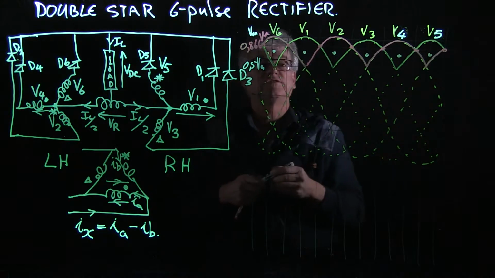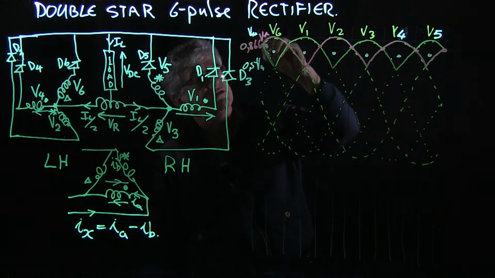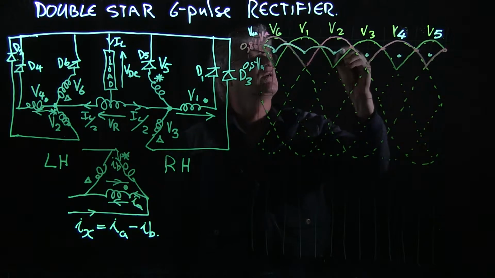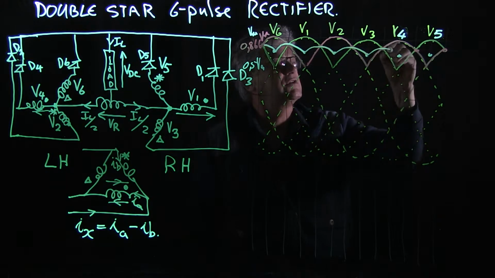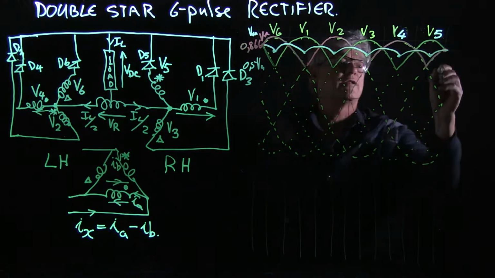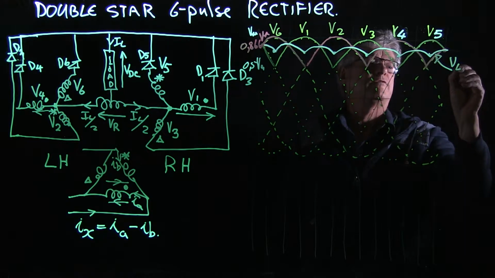In order now to see the wave shape over the load, we must join the dots. And when we join the dots, we get this pulse ripple voltage over the load. And that now is V load.